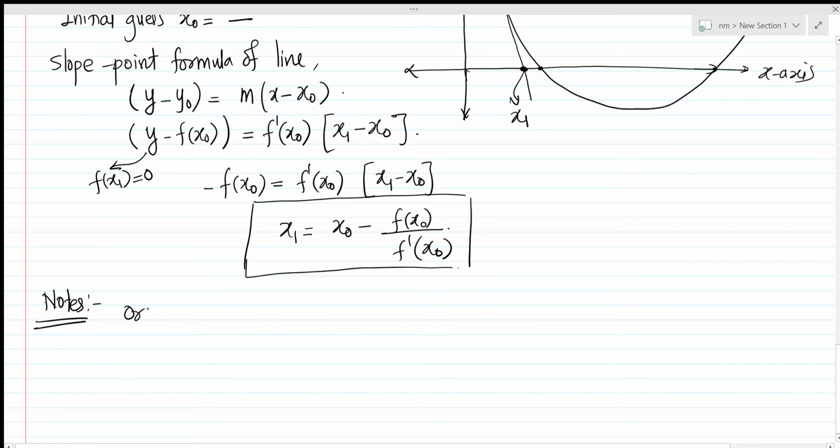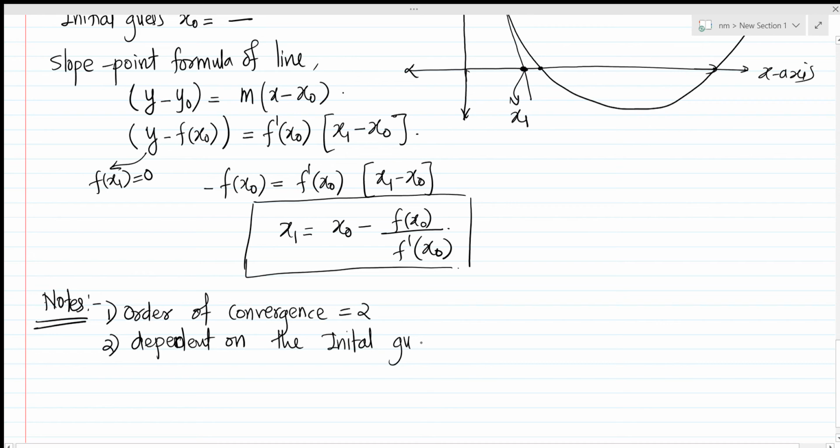The order of convergence of this method is quadratic, so it converges much faster than the bisection and substitution methods, and the convergence is very dependent on the initial guess.